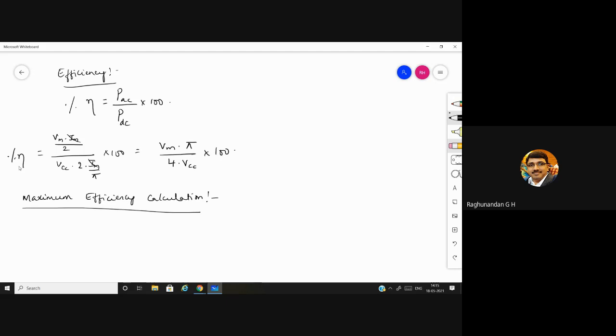So what do you mean by maximum swing? From 0 to I saturation and from 0 to V saturation, sir.